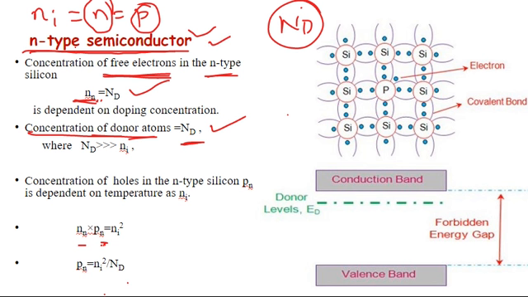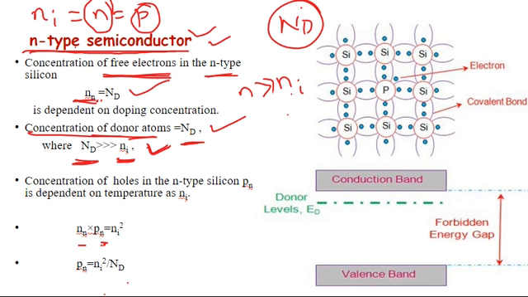So N is much greater than Ni. As N is greater than Ni, Nd also becomes greater than Ni. This is an important relation which we are using.